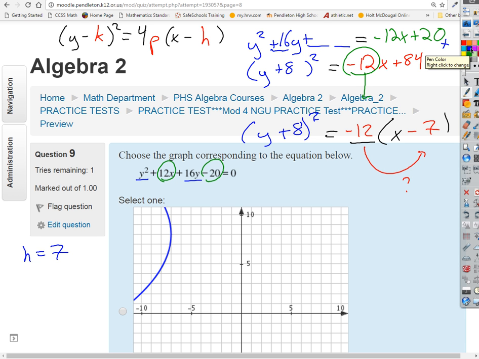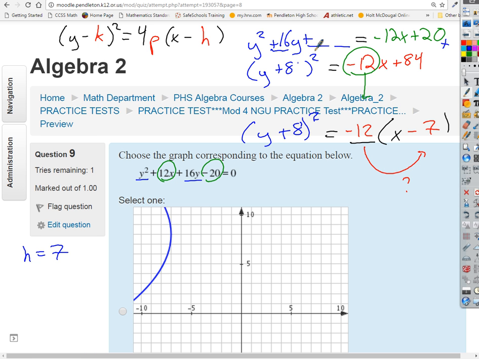Everybody with me? In the process of completing the square, we know that we're going to get the perfect square y plus 8 squared, because that's totally based on the first two terms, y squared plus 16y. But in order to make that happen, I have to start with the perfect square trinomial, y squared plus 16y plus 8 squared. So because I have an equation, I have to add the same thing to both sides.